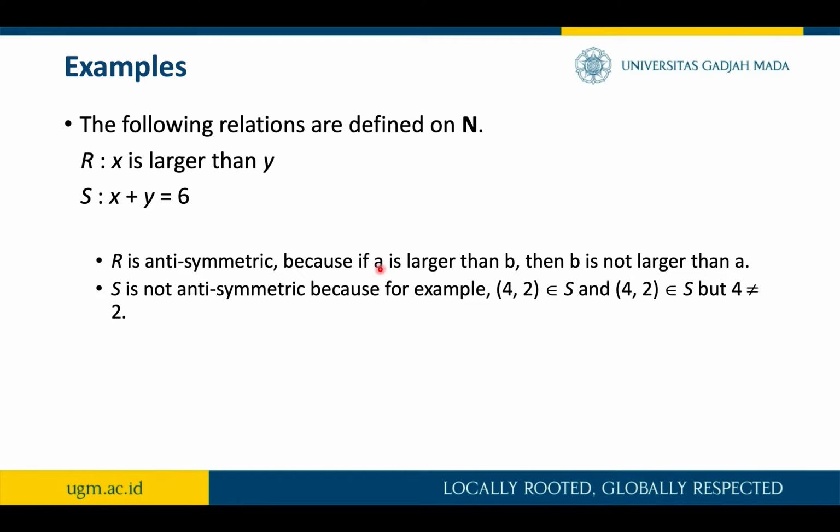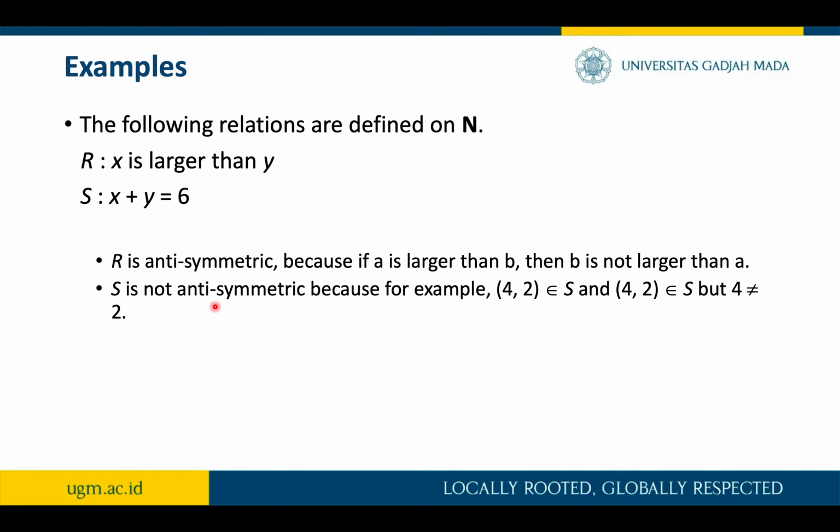So if a is larger than b, then b is not larger than a. That's using logic: if a number is larger than another number, then the other number is not larger than the first. So R is anti-symmetric.